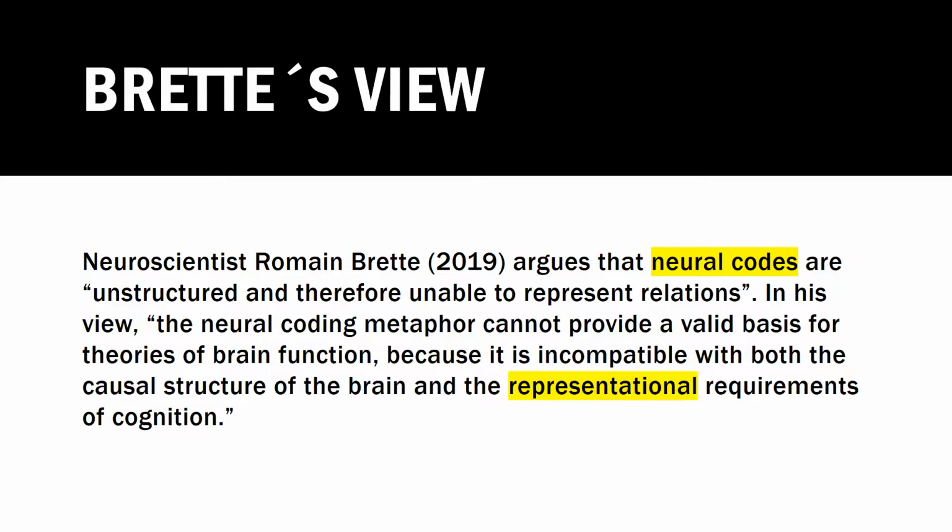And he says that the neural coding metaphor cannot provide a valid basis for theories of brain function because it is incompatible with both the causal structure of the brain and the representational requirements of cognition. So he does not deny that there are some kind of inner representations related to cognition, but he says that the neural code doesn't explain or fit with such a view.